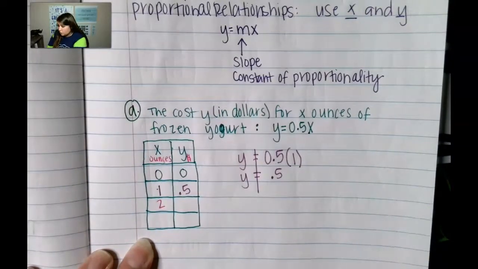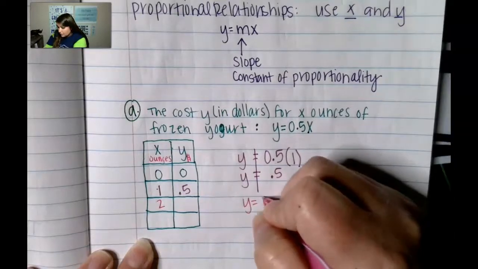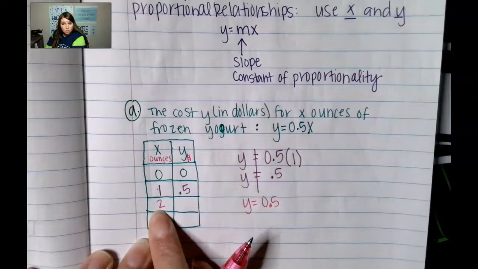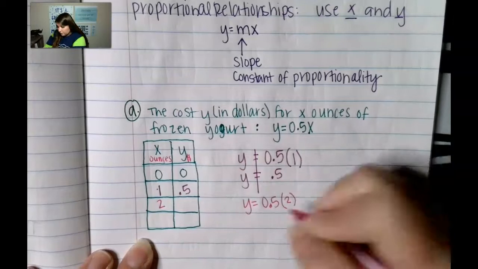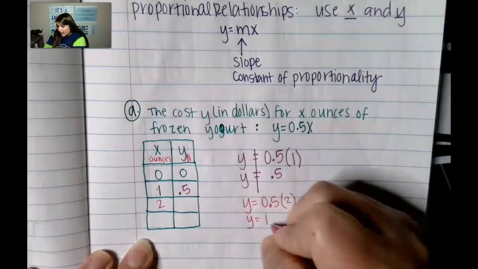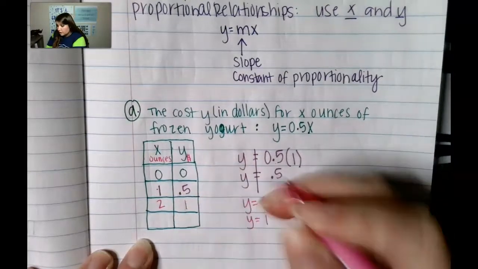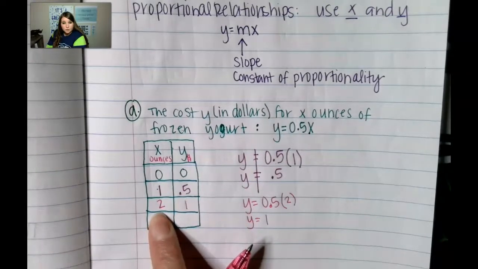If I buy 2 ounces of frozen yogurt, Y is equal to, again, 50 cents, but now I'm buying 2 ounces. So I'm going to put my 2 right here, and half of 2 is 1. So Y equals $1. So I'm spending $1 for every 2 ounces of frozen yogurt.